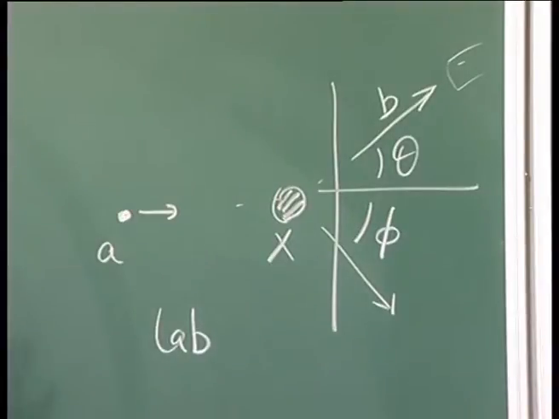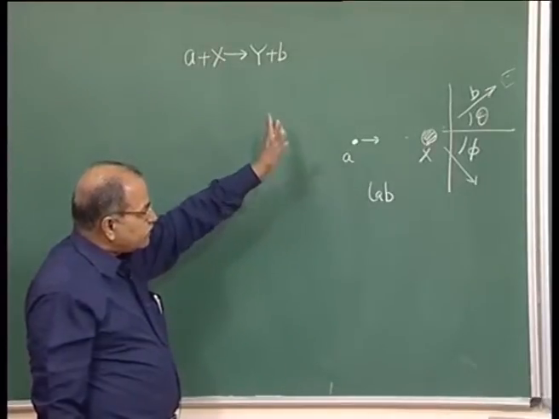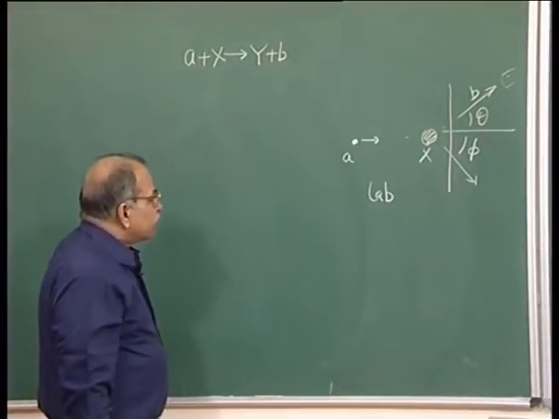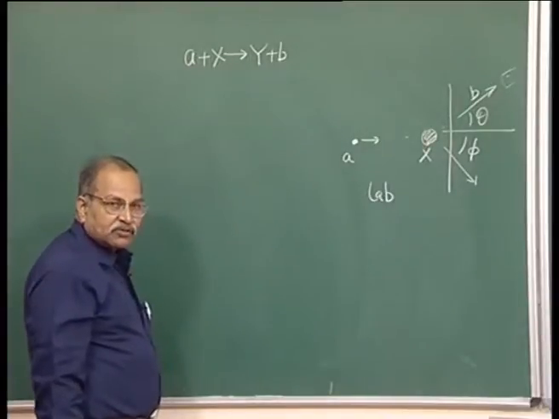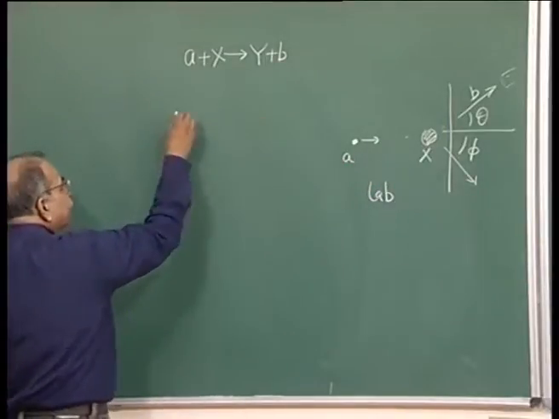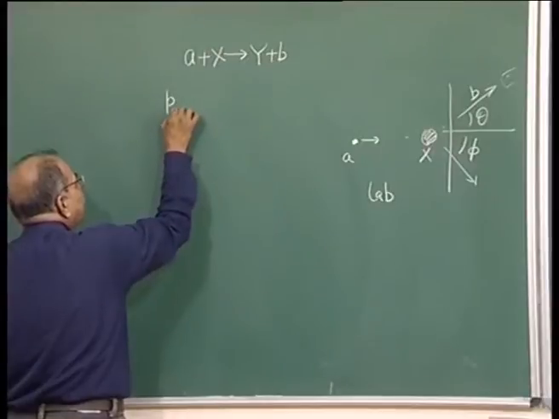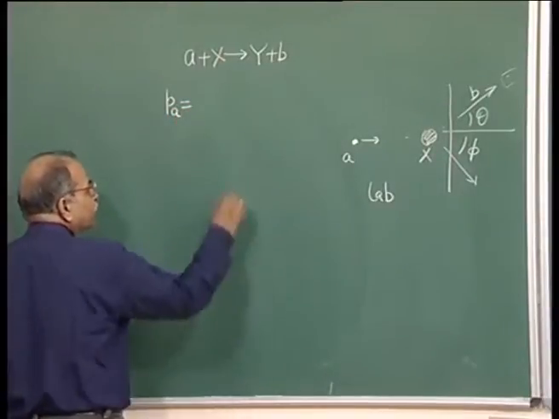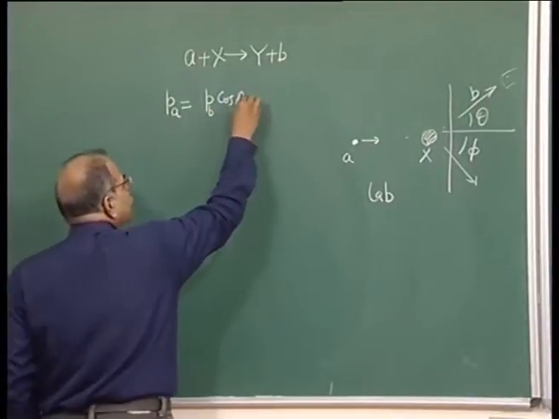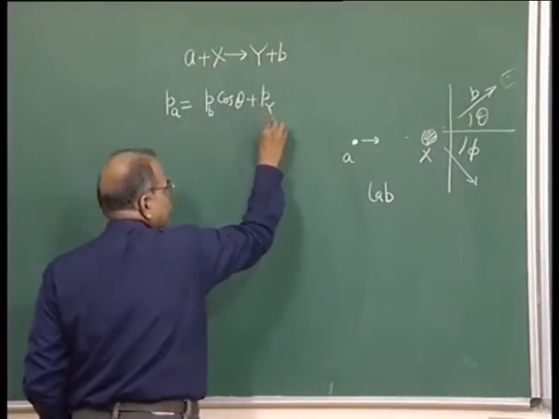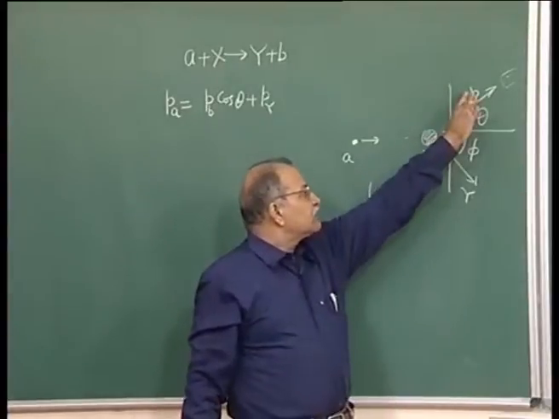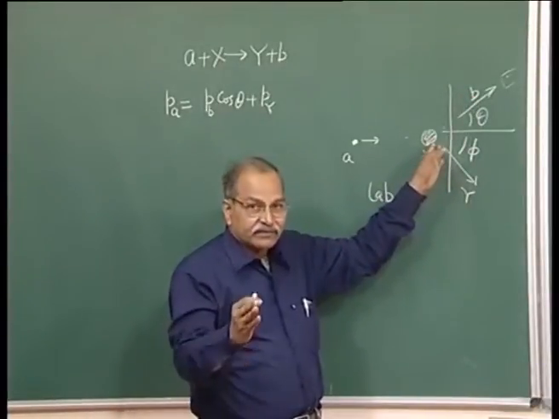In this reaction, if you look at the conservation of energies, initial energy, final energy, you can write 3 equations, because momentum also has to be conserved. In the x direction, the horizontal direction in this diagram, your equation will be P A equal to P B cos theta plus P y cos phi. Here B is the particle coming out, while this y particle is still in the target.